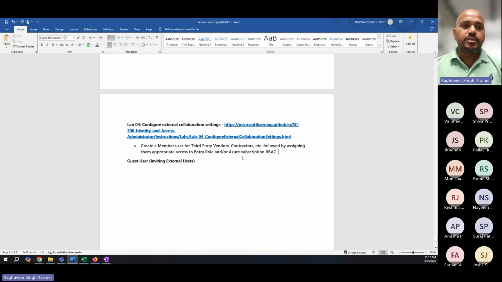However, what happens in some organizations, especially multinational organizations, is that they are governed by regional as well as global policies, which sometimes don't allow you to create contractor accounts or vendor accounts for a temporary period. They don't allow this behavior. They say that if you need to grant temporary access to somebody in your environment, you can probably find other avenues, but they would not allow you to create a member account.